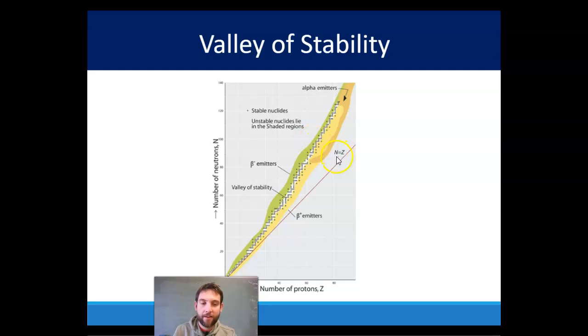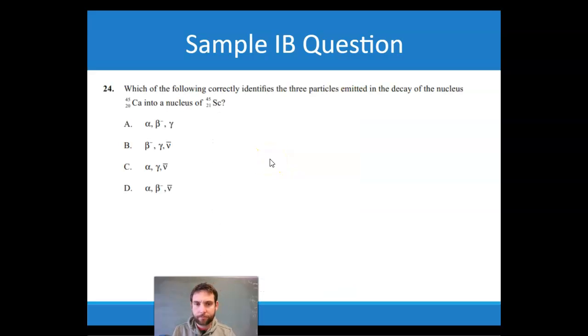Just remember that if n equals z, so if your mass number equals your atomic number, then you're going to be closer to a beta plus emitter. Meanwhile, if your number of neutrons is a lot greater than the number of protons, then you're probably going to be a beta minus emitter.